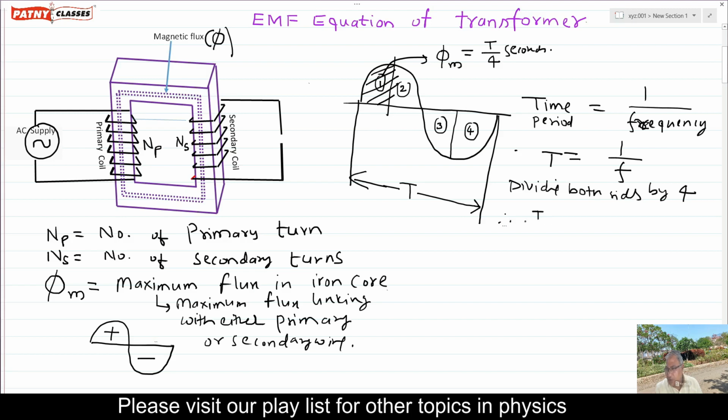Therefore, in 1/4 of the time period, the time is nothing but 1 upon 4f. Let us call it equation 1.